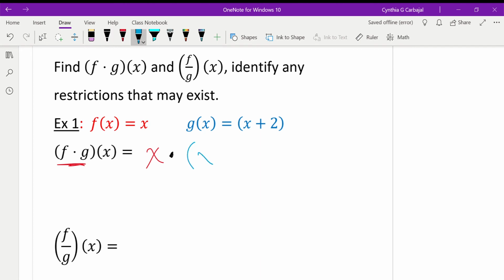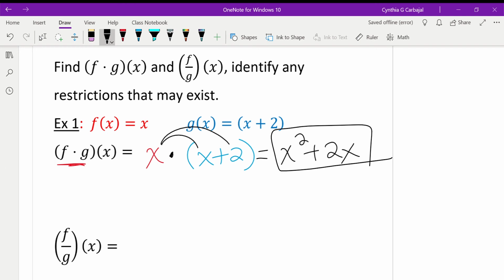And the g function is a binomial, meaning we have two terms, so we have to put it in parentheses. Then we're going to distribute this x times the first x, so x squared, and then times the 2, so 2x. Once we've done that, then we are done. We've multiplied the f function times the g function, and that's it. Questions on here?